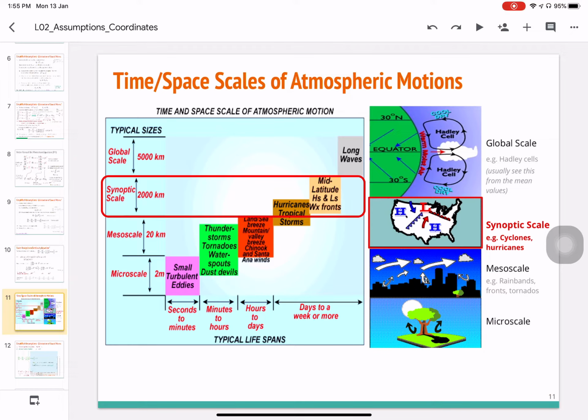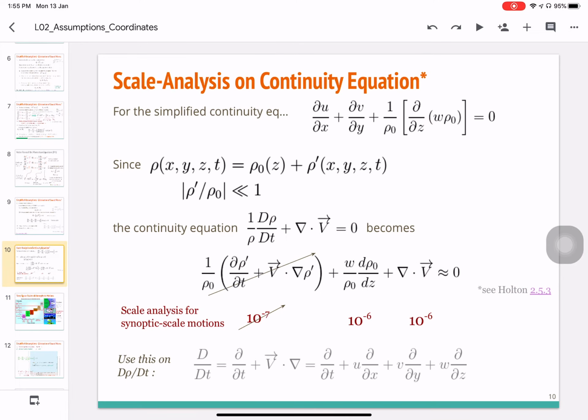And when they do simulation, it is easier because they have eliminated anything smaller than that, which means smaller noise when you initiate your model. So that's why, but it only works in the mid-latitudes, so it doesn't work in our area. Okay, so now the scale analysis on the continuity equation.